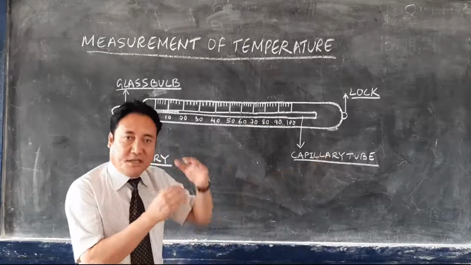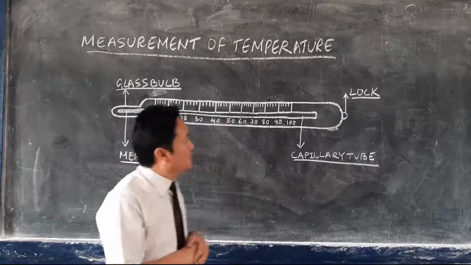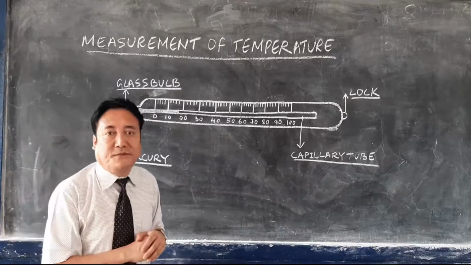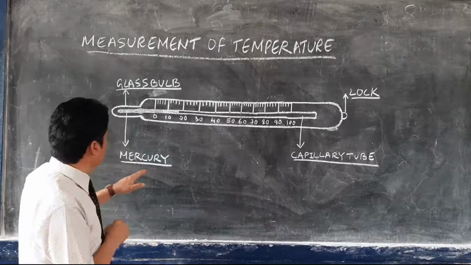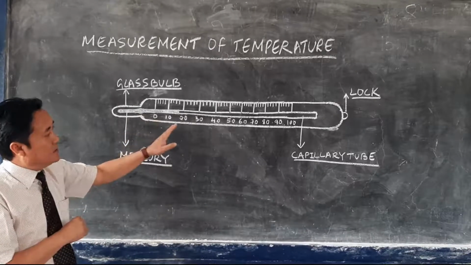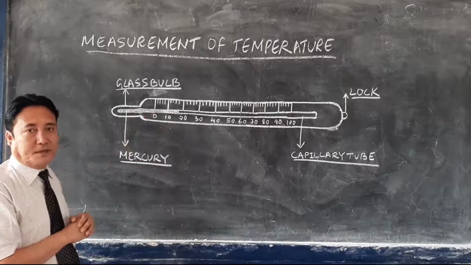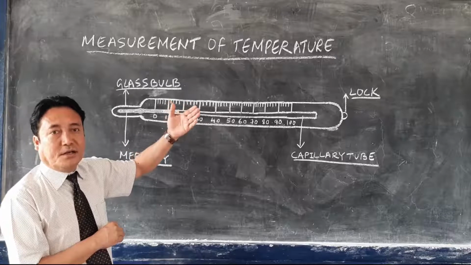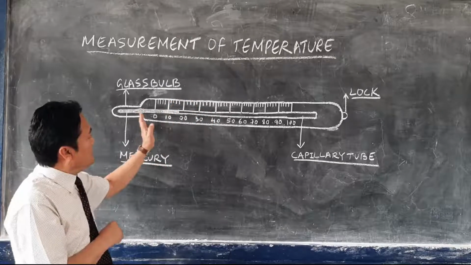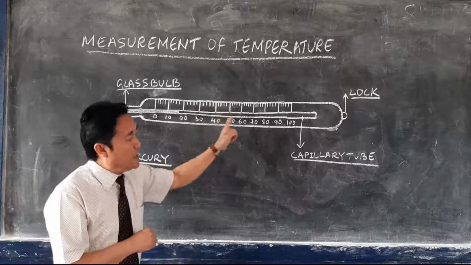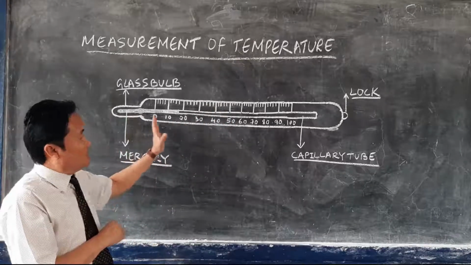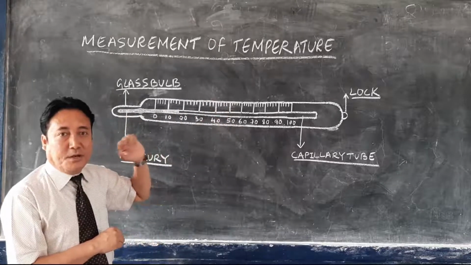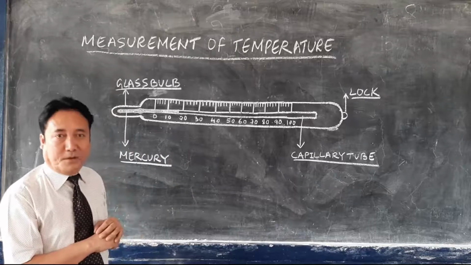Inside the capillary tube a liquid is filled, that is mercury. The mercury rises as the temperature increases, it rises inside the capillary tube. And whatever the level of mercury which rises inside the capillary tube will give the temperature of a body.